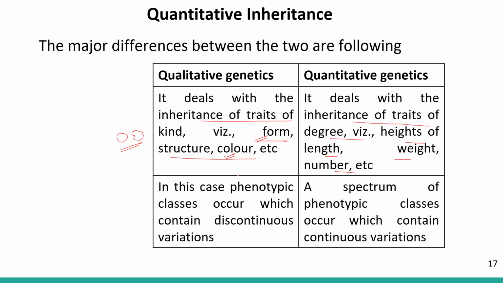In qualitative genetics the phenotype shows discontinuous variation, whereas in quantitative genetics a spectrum of phenotypic classes occurs, showing continuous variation.